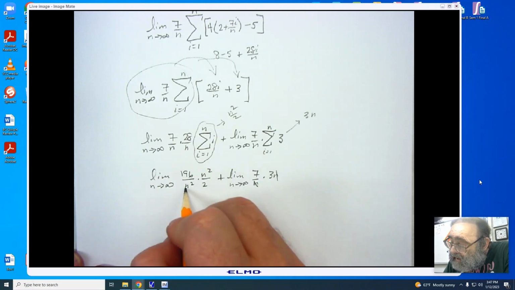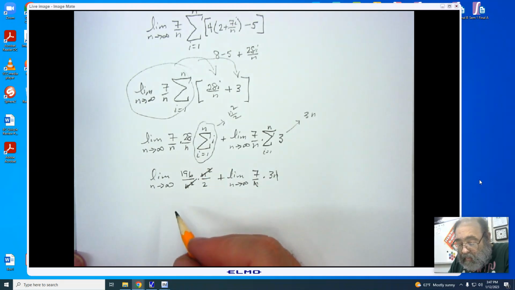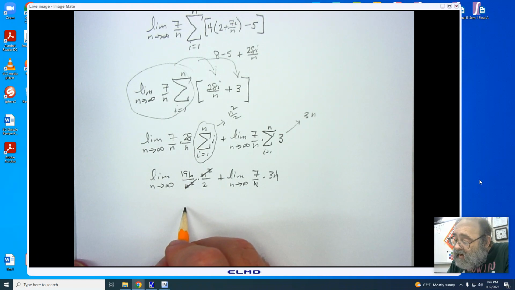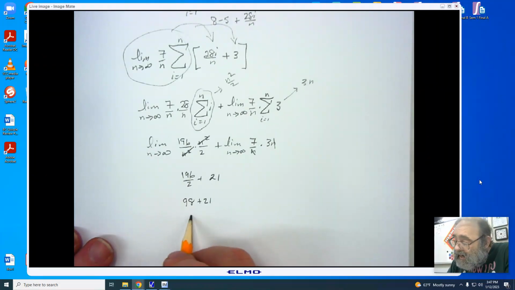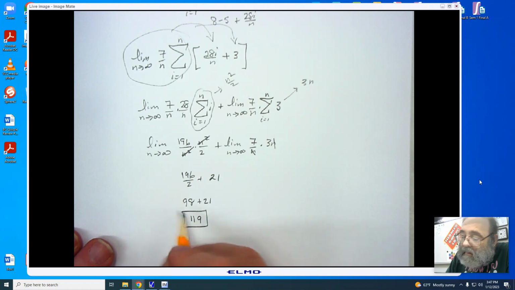The n's are canceling, the n squareds are canceling, and when I simplify this, I end up with 196 divided by 2 plus 21. This is 98 plus 21, and my answer is 119.